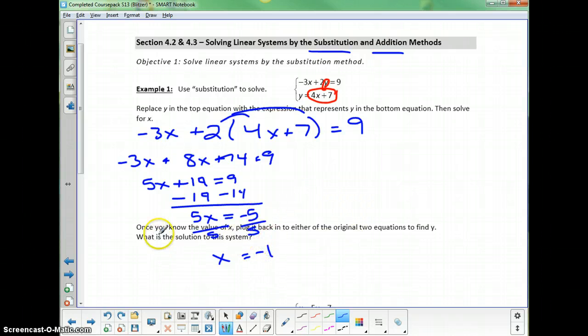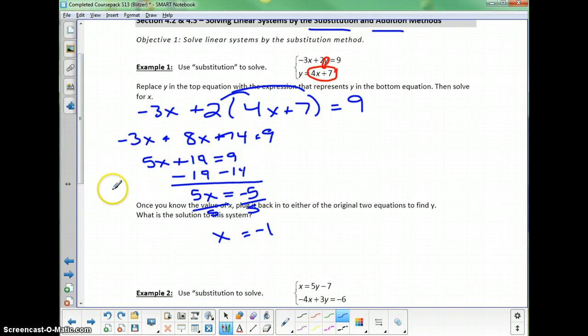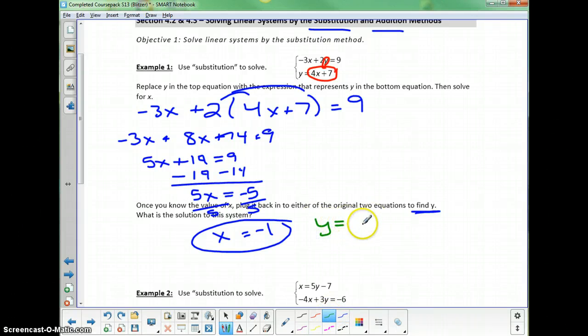Okay, now I kind of wrote over the next directions here, but we're looking at a system of two variables, x and y. So now that I know the value of x, I'm going to plug that back in to either one of the original two equations to find y. This is my x value. I also need my y value. So I'm going to go ahead and use the second equation. So the second equation is y equals 4 times x.